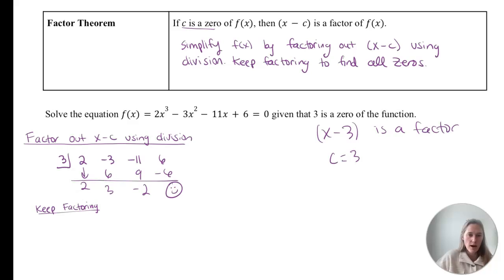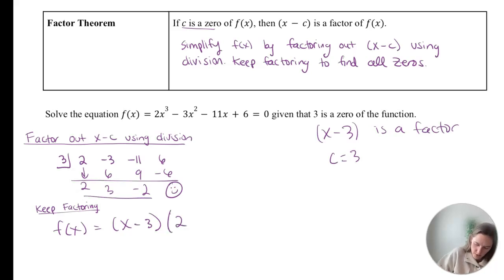Okay, so now we've taken this polynomial right here, and we've divided out, we've factored out x minus 3. So if we factor something out, we can put it in front, and then what we have left over is right here. So we have 2x squared plus 3x minus 2 left over.